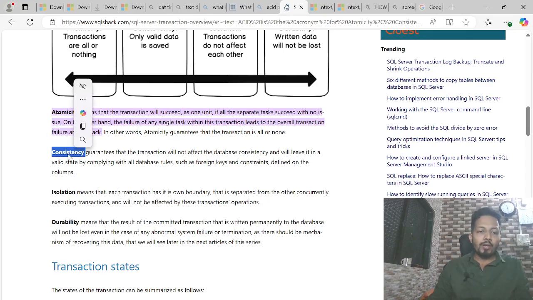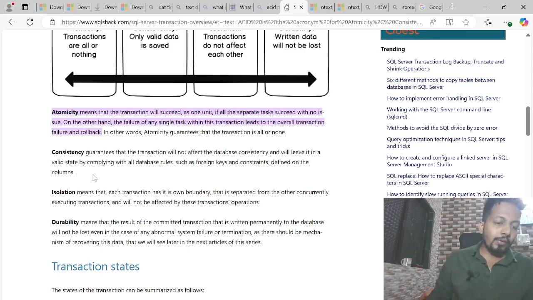Consistency means we'll see the same output everywhere, no matter how we are executing our query or accessing the data. Another meaning of consistency is that we have some rules on the server, like data types and constraints on columns, and a transaction won't violate the rules of the server.